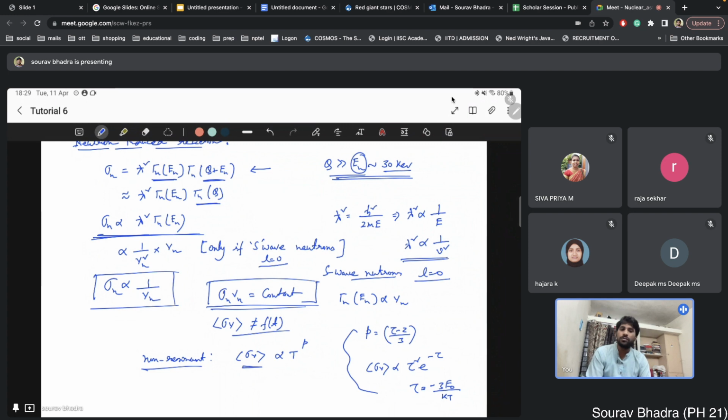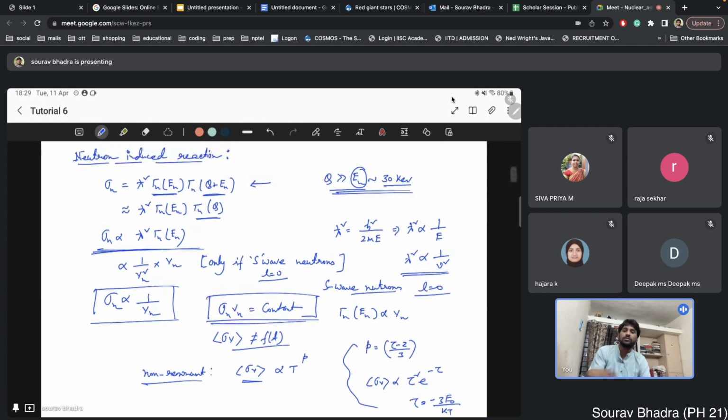So this type of question may come, that you are asked which type of reaction depends on the temperature, and there are 4 options: resonant reaction, neutron induced reaction, and any other 2. So the main answer will be the neutron induced reaction, which is not a function of temperature, under the assumption of L equals 0.